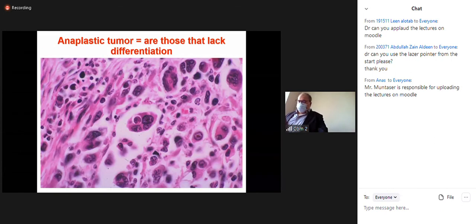So here's an example of an anaplastic tumor. So let's talk about actually which one is a dysplastic cell. This is a dysplastic cell right here. How would you know that it's a dysplastic cell? You look at the nuclear border, and the nuclear border is irregular. The nuclear size has increased significantly. The cytoplasm is only a rim of what it was before.